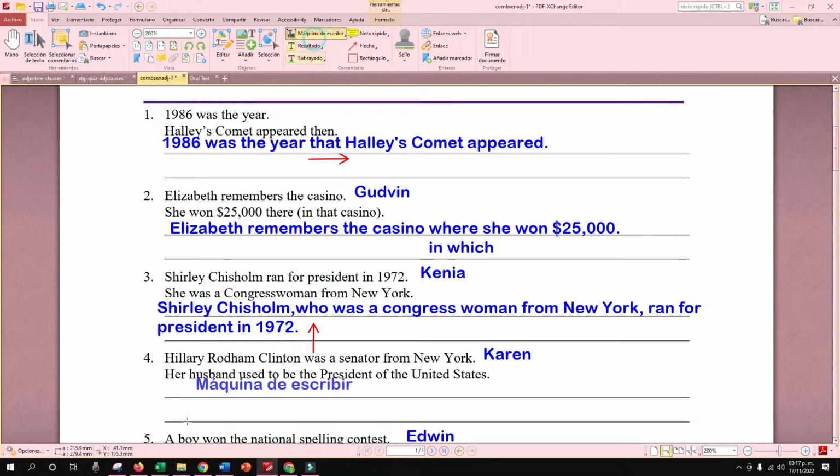Number 4, you have this Hillary, right? Hillary Rodham Clinton, whose husband used to be the President of the United States, was a senator from New York. Excellent. Just let's change something, Karen, but that's great.